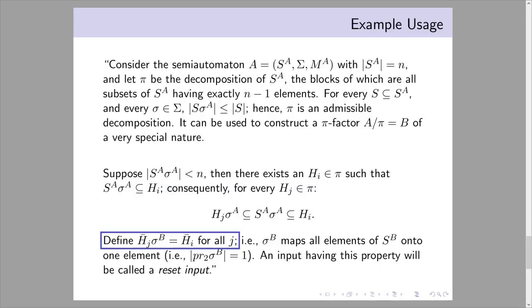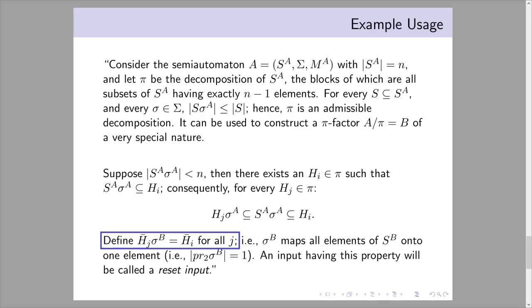Then define h-bar_j sigma_B. We're now defining the action of reading the character sigma on the states of our new automaton B. H bar, I realize it's capital.